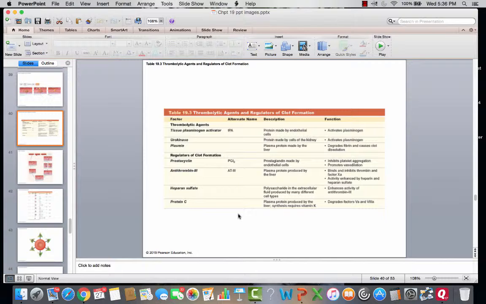You should understand the term thrombosis, thrombus, and thromboembolism. And those are defined for you on page 744 under disorders of clotting.